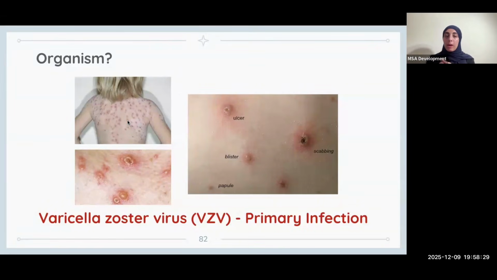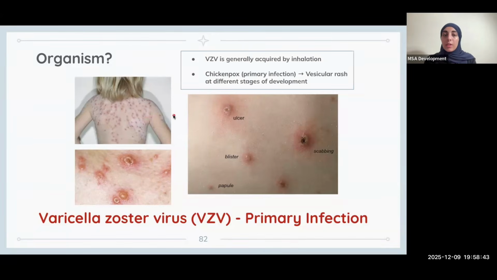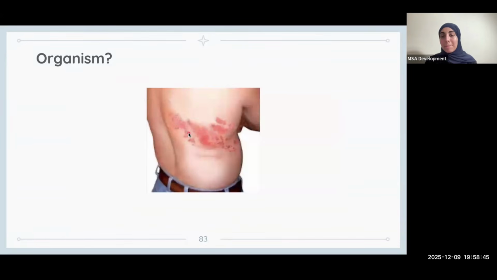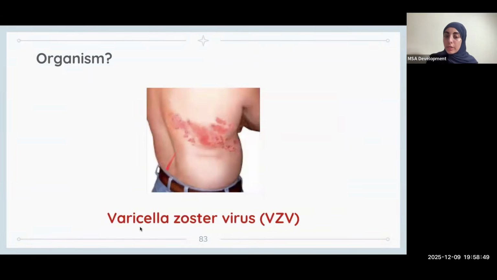Another member of the same family is varicella zoster virus. All right, and since it's part of the same family, it's gonna have the same feature of latency. So if this is the primary infection, which is chickenpox, what is this? This is a secondary infection of varicella zoster virus, which is shingles.